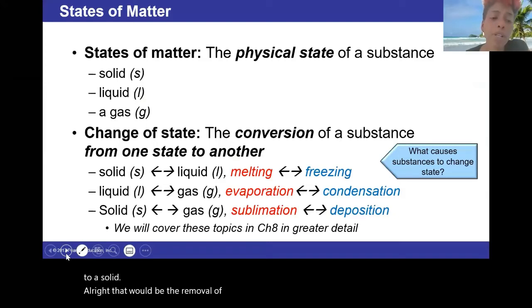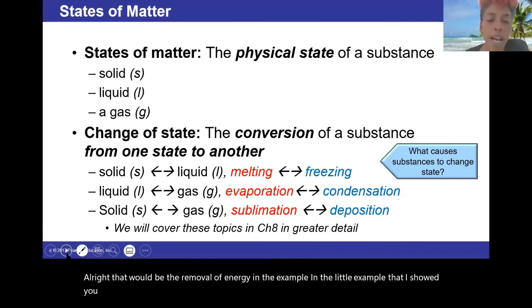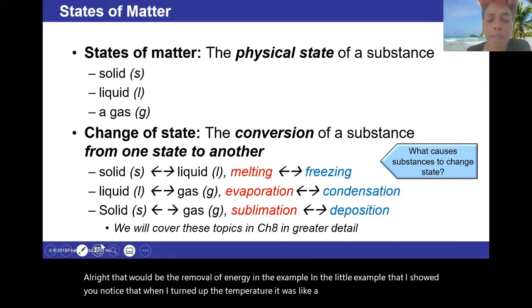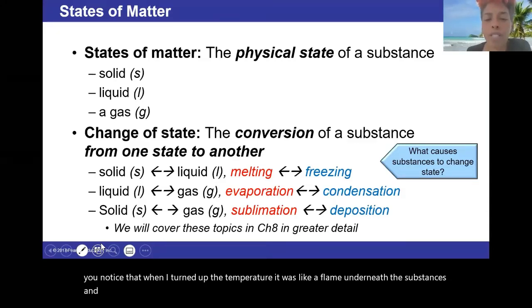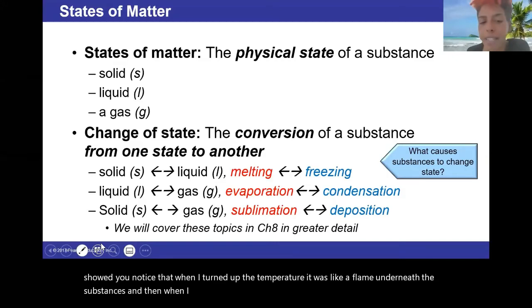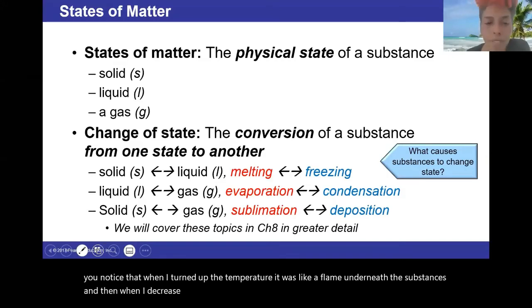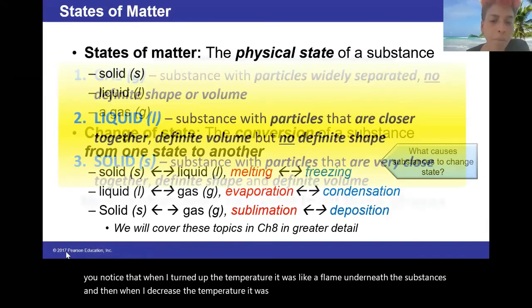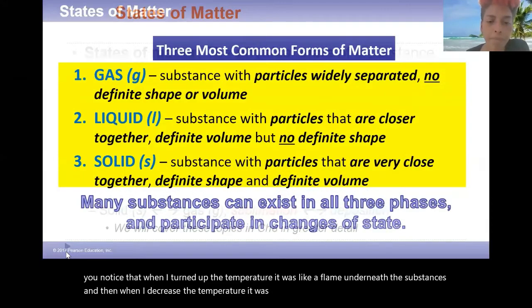In the little example that I showed you, notice that when I turned up the temperature, it was like a flame underneath the substances. And when I decreased the temperature, it was like some ice particles underneath the substance. So that's how we remove energy.